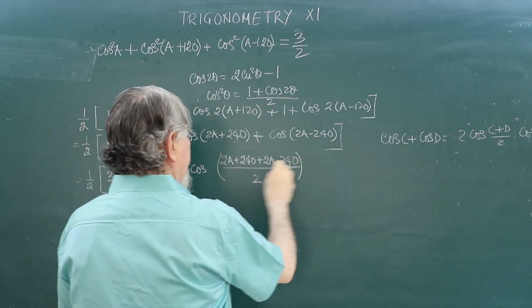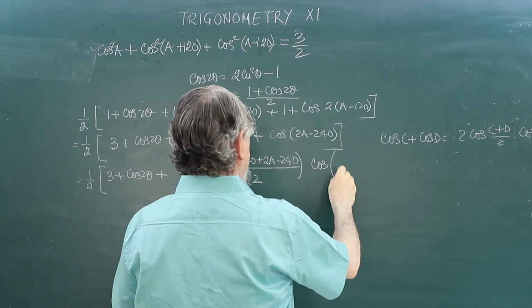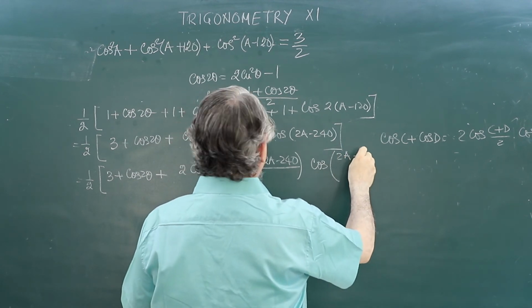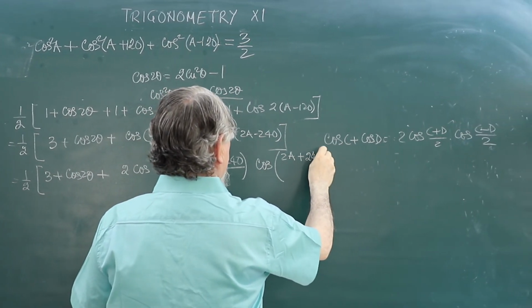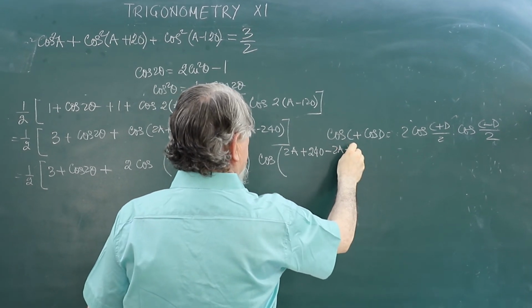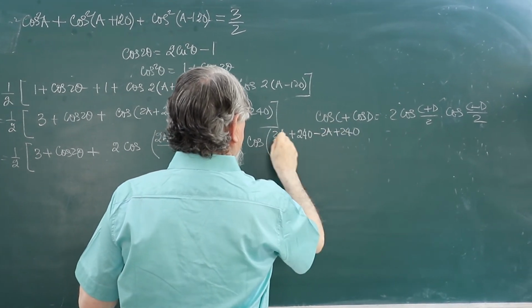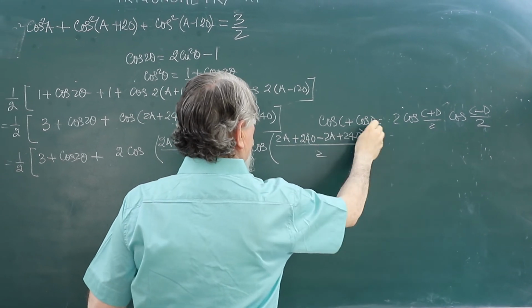This is 1, and cos C minus D upon 2, 2A plus 240 minus 2A plus 240 upon 2.